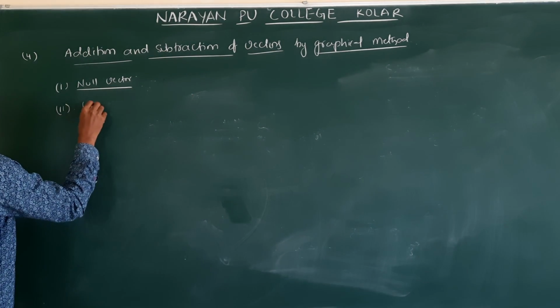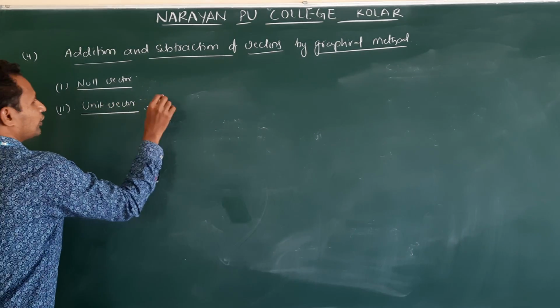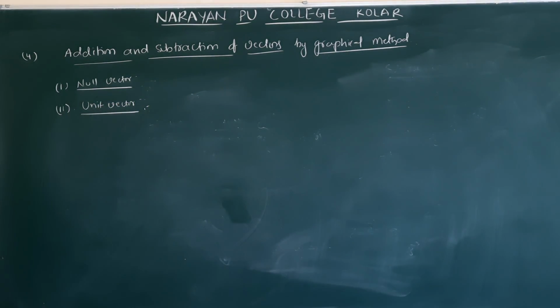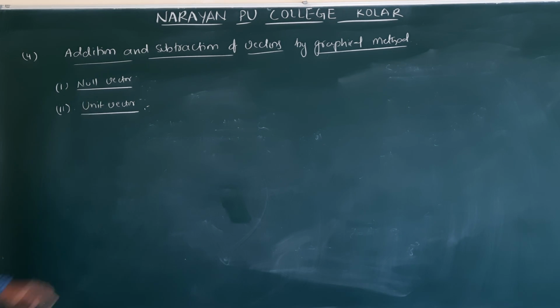Next one is the unit vector. By the word itself we can say the definition. Null means 0 vector. Unit vector means it has a unit: the magnitude is one unit only, but it specifies the direction. That is the difference between null vector and unit vector.